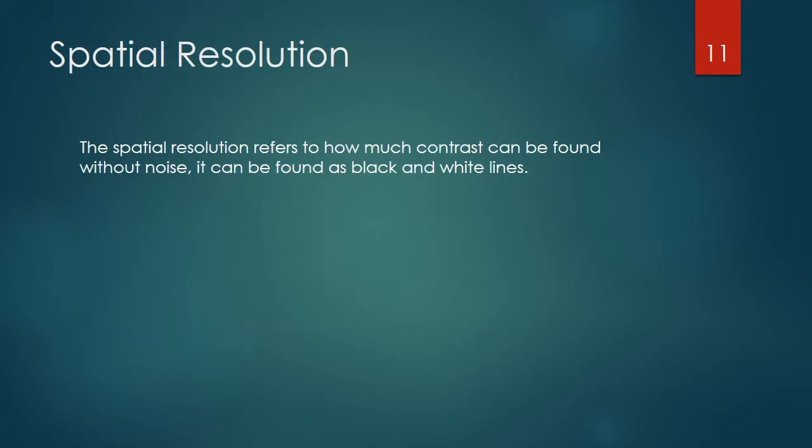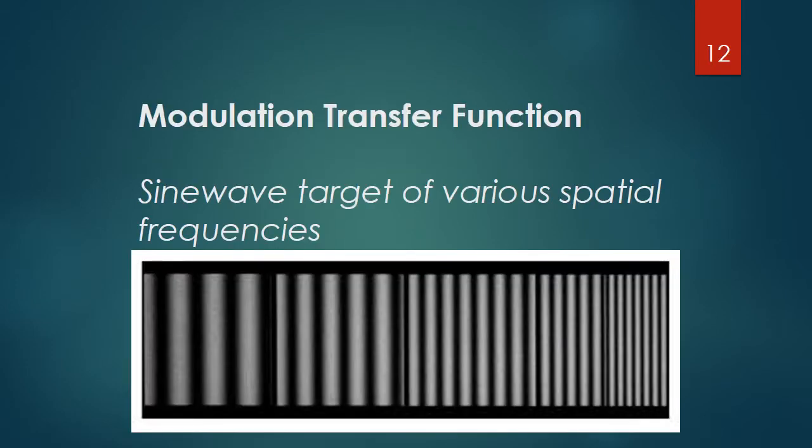Now, the spatial resolution refers to how much contrast can be found without noise, and it can be found as black and white lines. The modulation transfer function is a magnitude response of the optical system to sinusoids of different spatial frequencies.